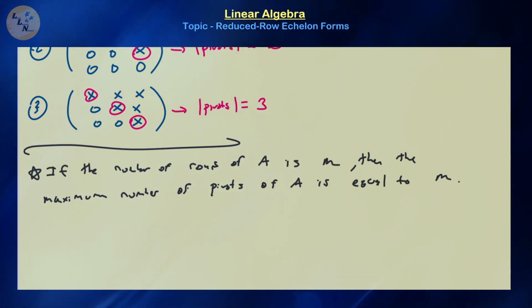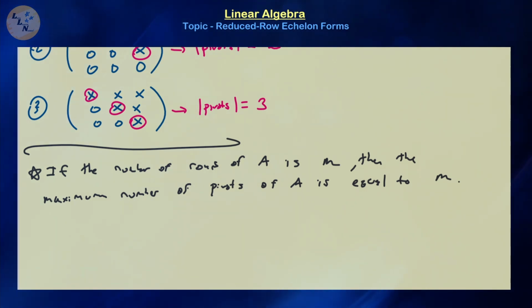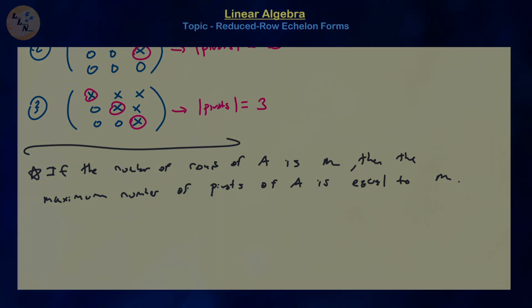If you only have m rows, you can't have more than m pivots. But of course you can have fewer than m pivots, like m minus 1, m minus 2, or even 0 pivots. The maximum number of pivots you can have in a matrix is equal to the number of rows in that matrix.